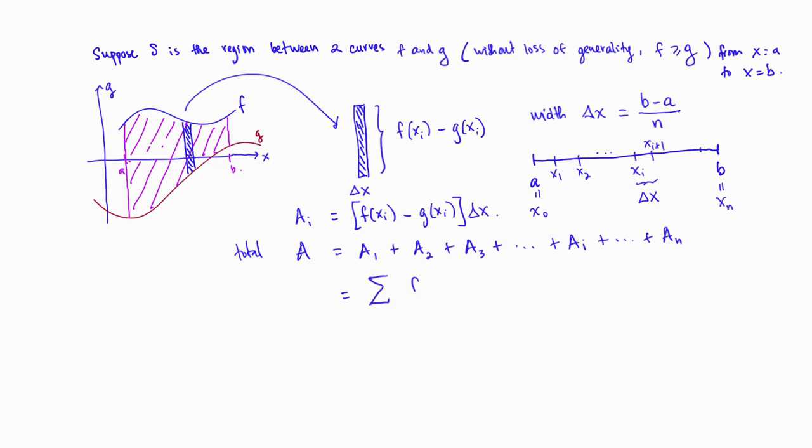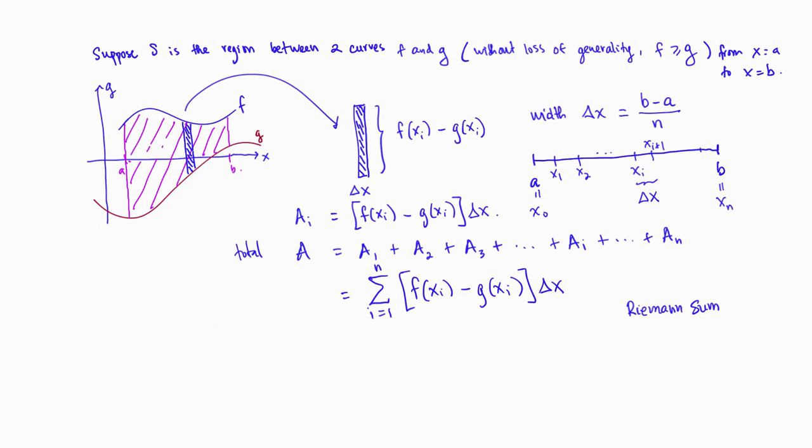Therefore, we can combine them into one summation formula. The total area is the sum of f of x sub i minus g of x sub i times delta x as i goes from 1 to n. But we recognize that this is the Riemann sum.